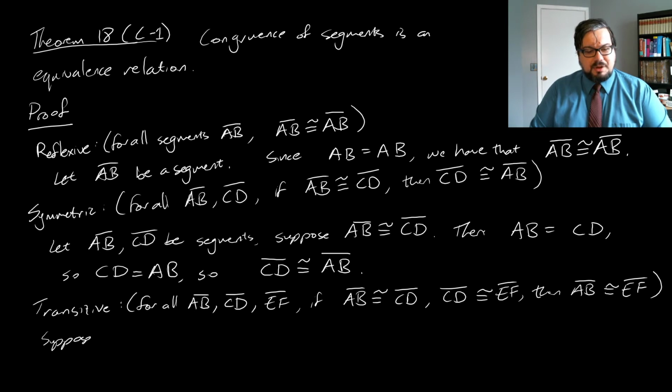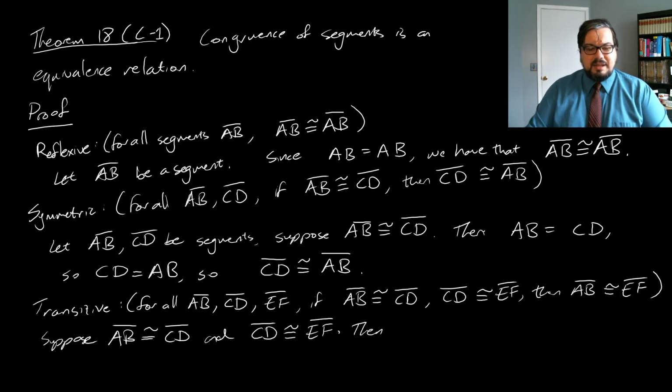So we're going to suppose that segment AB is congruent to segment CD, and segment CD is congruent to segment EF. Then we have that AB is equal to CD, and CD is equal to EF.